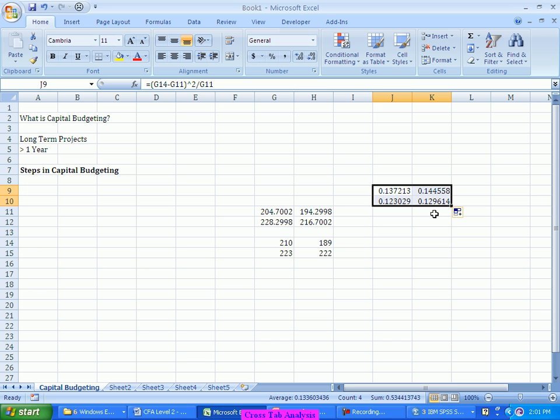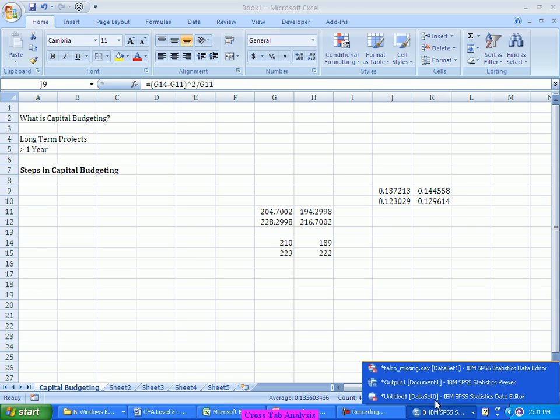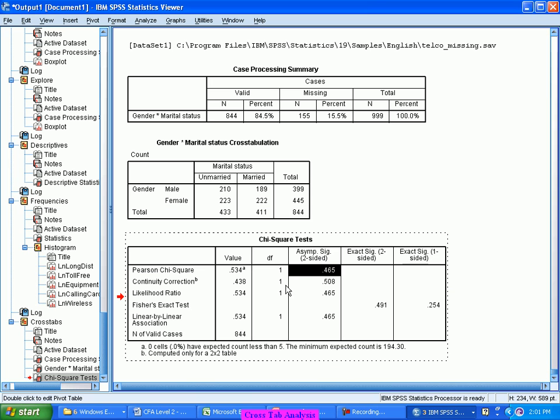The sum of these four is 0.534, which is coming in our chi-square value. So we don't need to know this formula and calculations; that is more if I have to do it manually.